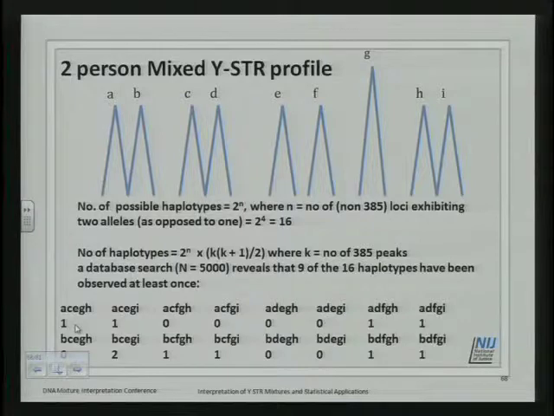When we work out the possible haplotypes at the bottom, the 16 possible haplotypes that could be part of that mixture are represented: ACEGH, ACEGI, all combinations.